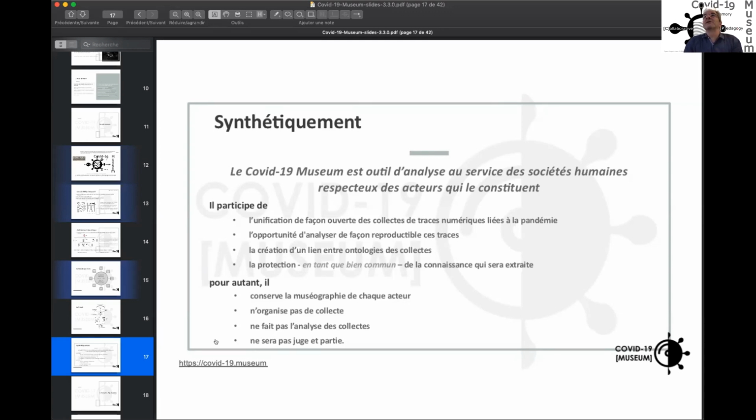And because Jean-Michel is presenting the French Society of Statistics, and because the French Society of Statistics has provided very strong support to the COVID-19 Museum project, I propose that you start this discussion, Jean-Michel.